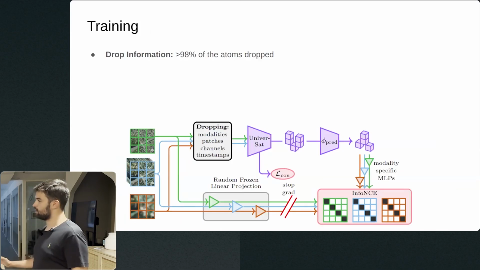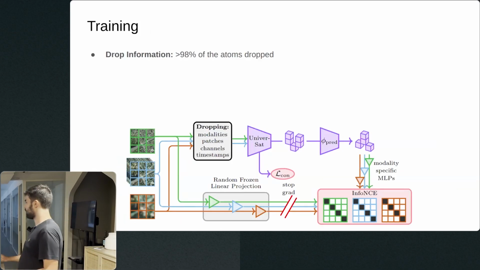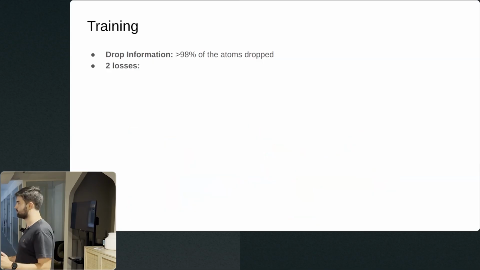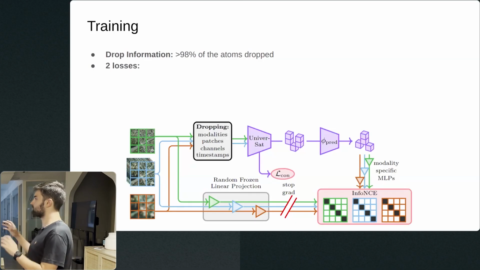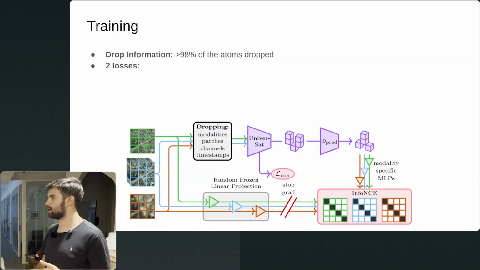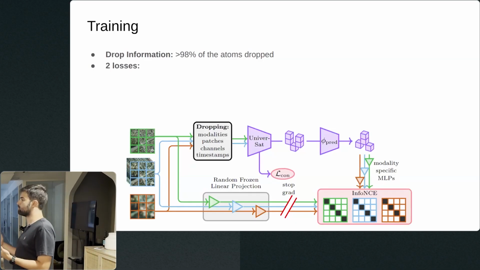Now that we have a model, we have to train it. The first step is to drop a lot of information. We have more than 80% of pixels being dropped. We drop full modalities, we drop some patches, we drop channels and timestamps, and we are going to try to reconstruct them. So we have two losses.